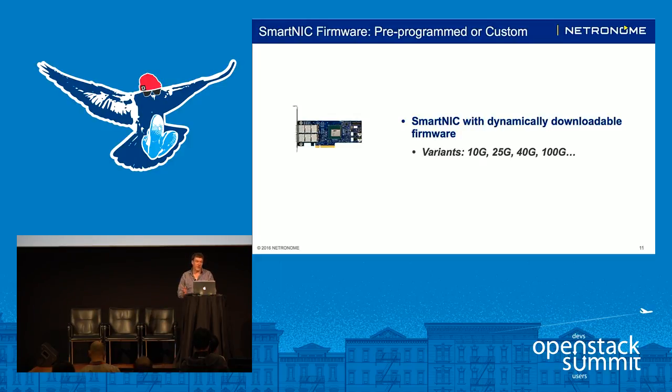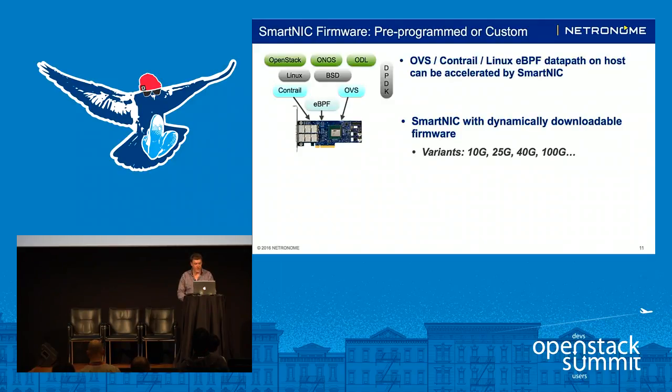By the way, there's a variety of port speeds available from 10 to 100 gig in these SmartNICs. One way to exploit that is to use things like Contrail and OVS and simply offload them. Then they're a drop-in replacement for the upstream versions.